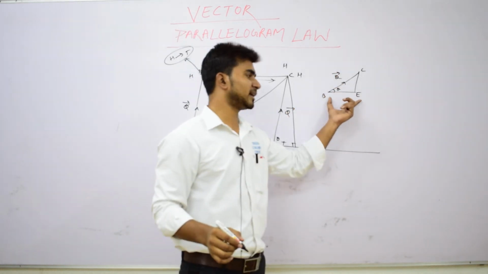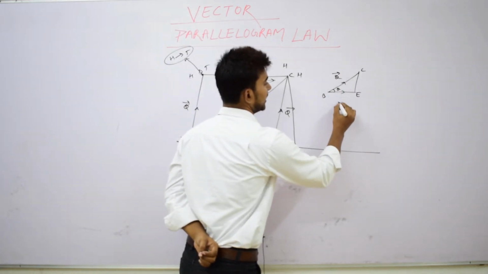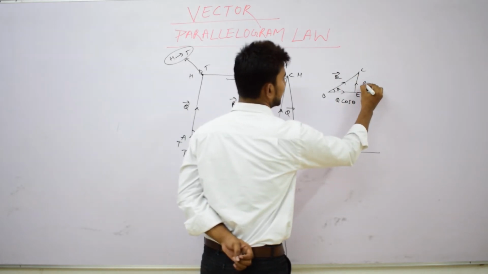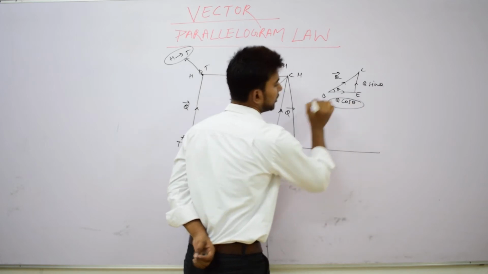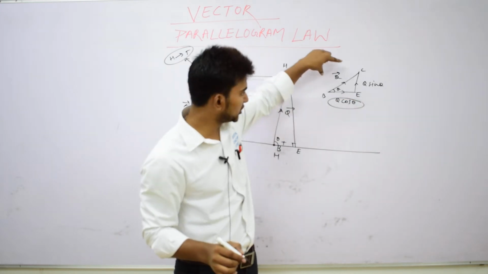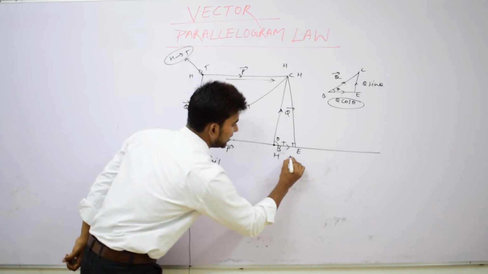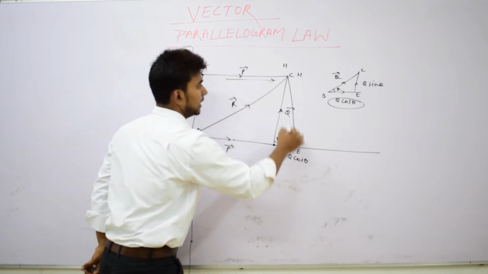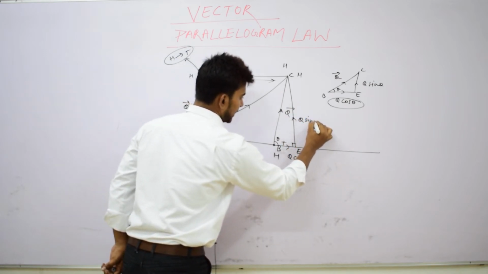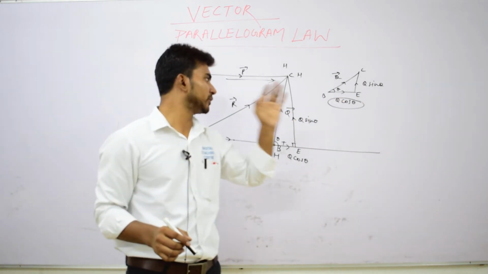By cos theta we can get the value of BE, and by sin theta we can get the value of EC. So BE will be q cos theta and EC will be q sin theta, where q cos theta is the projection of q in the horizontal direction and q sin theta is the projection of q in the vertical direction. So we have to substitute it. In the AB direction it will be q cos theta, and EC, that is the perpendicular line, will be q sin theta. This you need to understand, it is very important also.